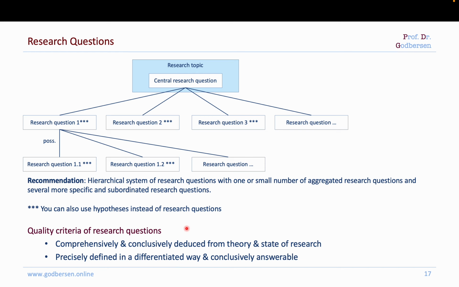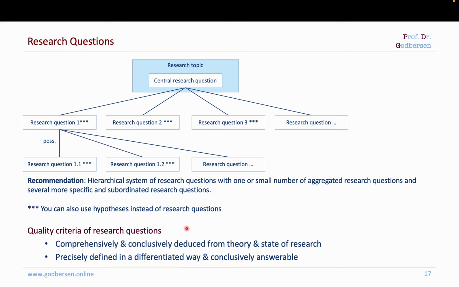Now, when are these research questions or hypotheses of good quality? The first thing is, you cannot come up with any research questions or hypotheses just because of your gut feeling. No, doesn't matter how good your gut feeling is.